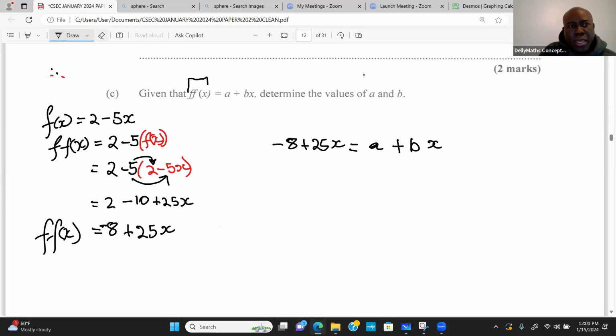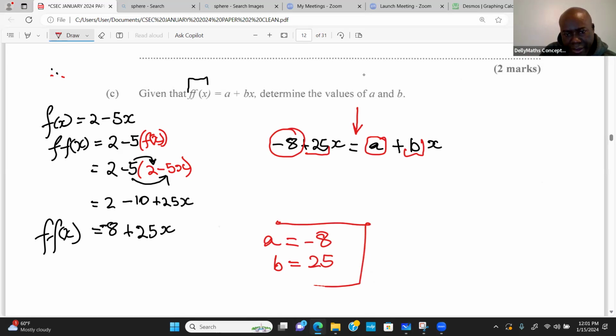And then what we're going to do is to just make some quick comparison. So this 8 is like the a. So we could say a is equal to 8 because there's an equal sign that comes. That means they are the same. This positive 25 in front of the x is like the b. So it's going to be that b is equal to 25. And there you have it.